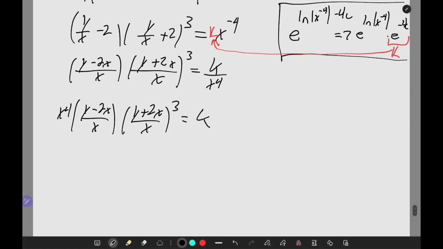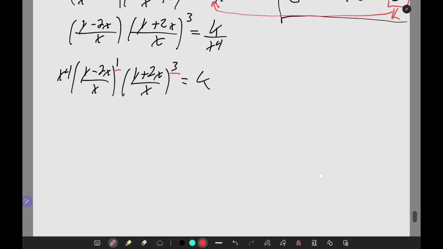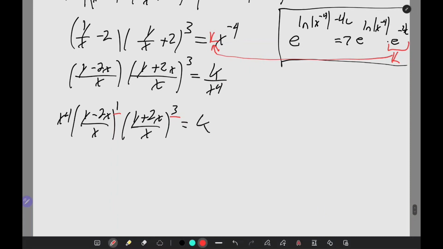this will leave me with, this is a very weird trick, I will say this, but think of this as to the first, think of this as to the third. If you add those together, we're going to have to the 4th, right?